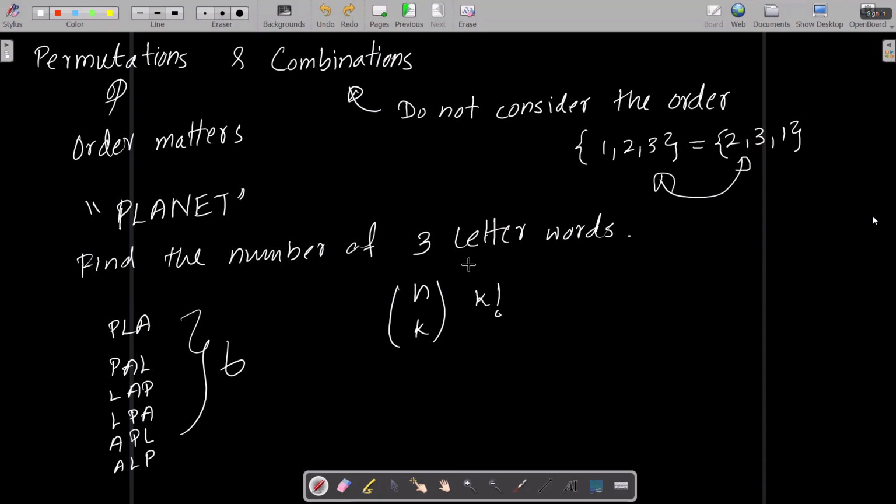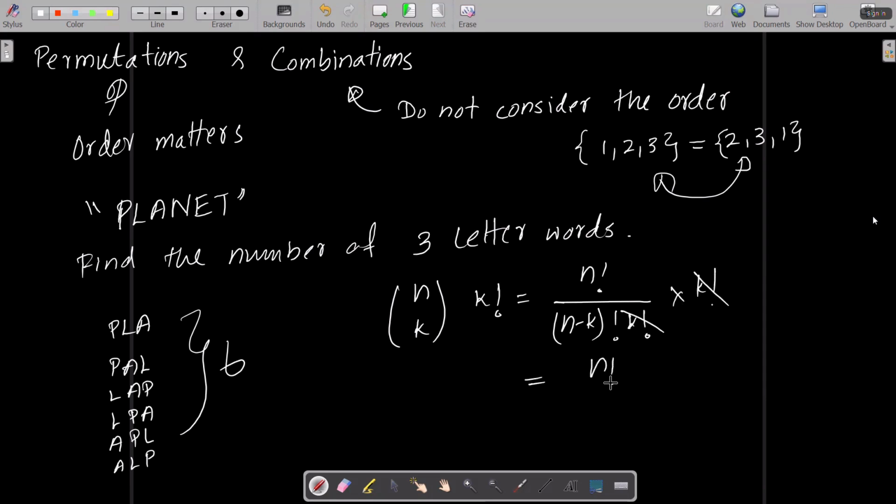So what we are doing is we are taking k number of elements out and we are rearranging the elements of that subset in different order. So there are k factorial different ways to do that. So if we substitute this, we have this times k factorial, so we can cancel this out.